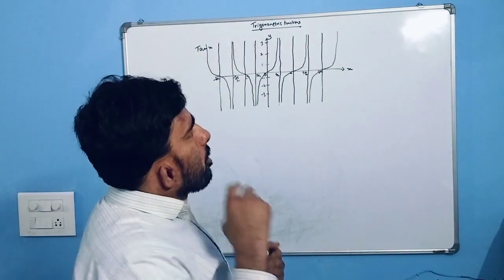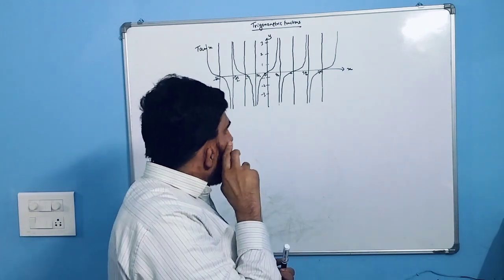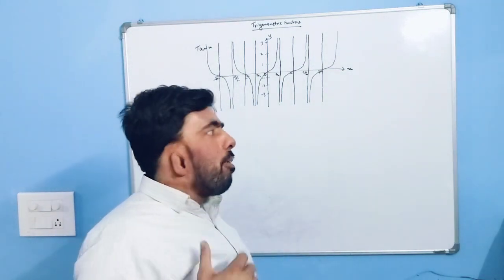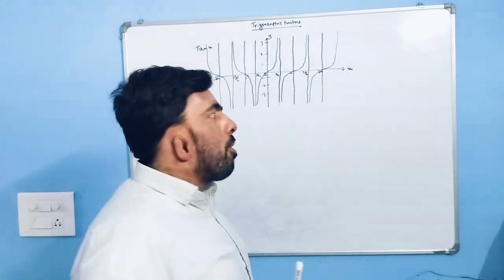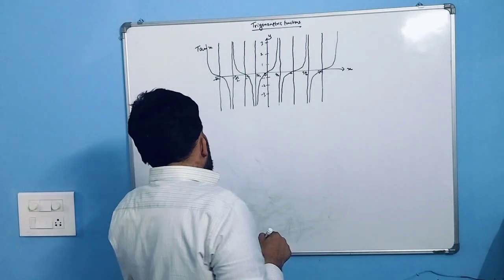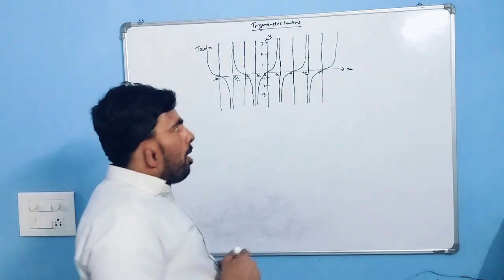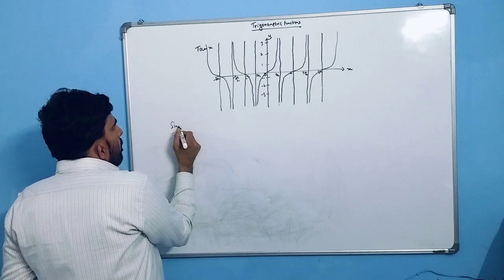Now let us solve numericals on the graph which we have learned earlier, how to find the values of trigonometric ratios at higher values if they are given. For example, if they are giving sine 765.